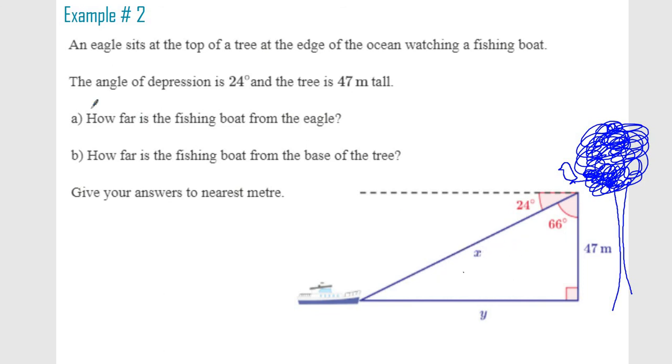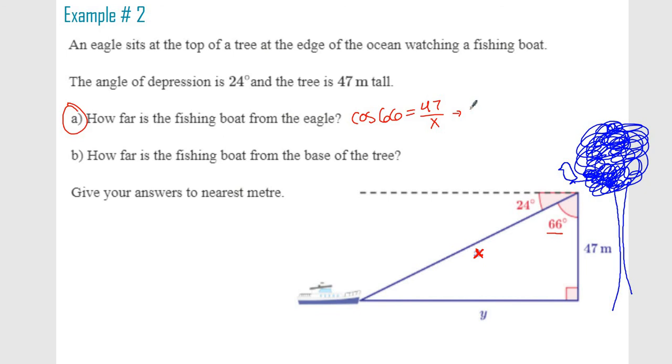That would be X. So part A is asking us to find X. We can do that by using SOHCAHTOA. If we're using angle 66, this is the hypotenuse, and this is the adjacent. So adjacent over hypotenuse would be cosine of 66 is 47 over X.